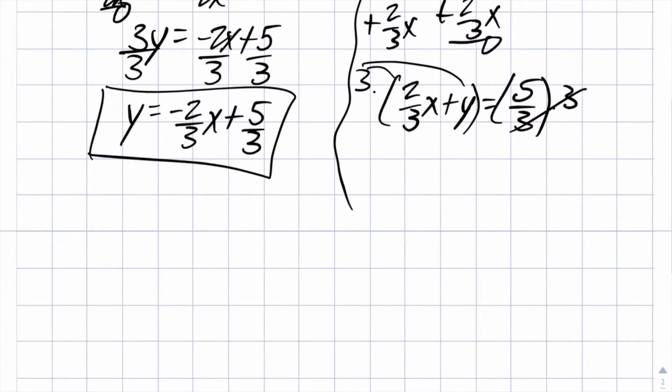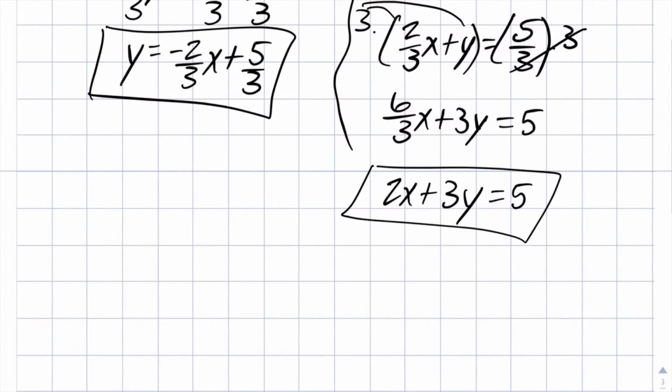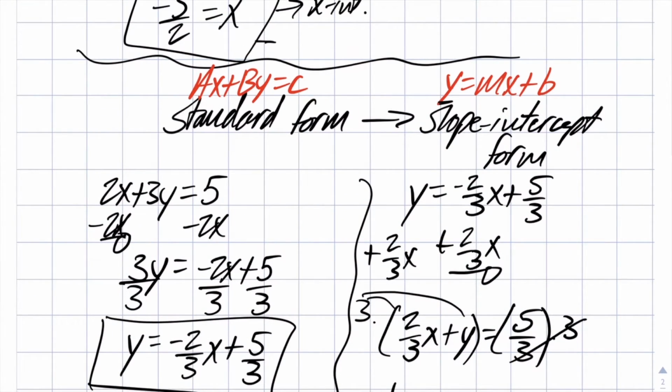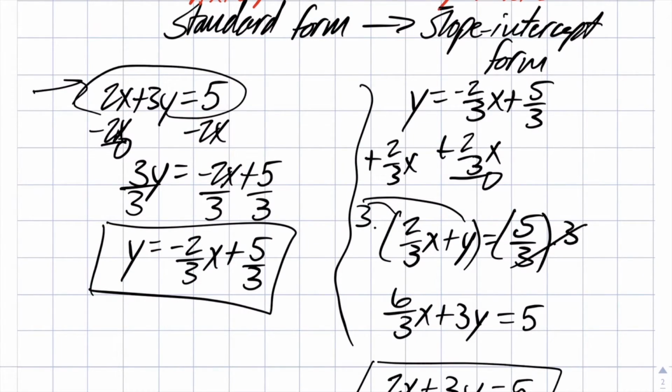So you're going to get 6 over 3 x plus 3y equals 5. And then 6 over 3 is 2. And check it out. 2x plus 3y equals 5. They're the same thing.